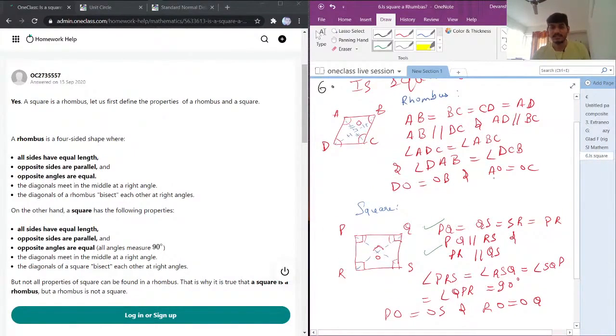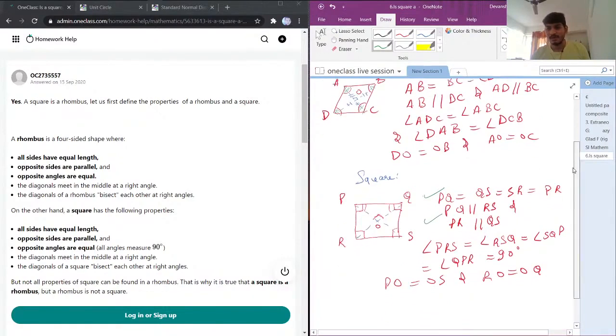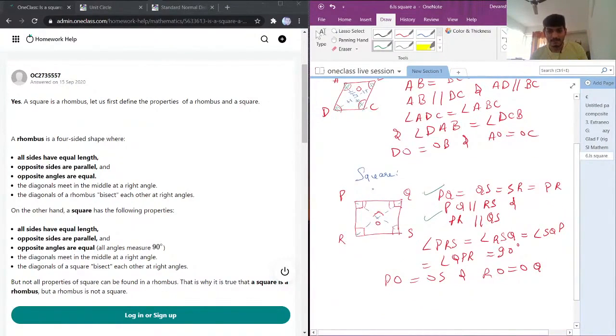The third condition is that opposite angles are equal. Here in a rhombus, this angle equals this angle, and the angle at D equals the angle at B. In a square, the angle at P is 90 degrees and the angle at S is also 90 degrees, so both are equal. For R and Q also, the angle at R is 90 and the angle at Q is 90.